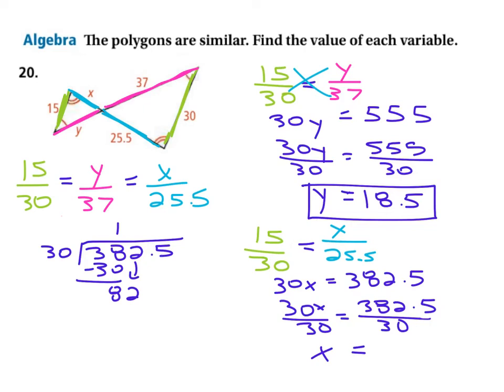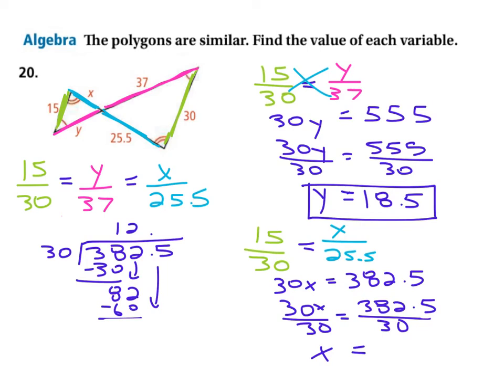Bring down the 2. 30 goes into 82 twice. That's 60. It's 22. Decimal goes straight up, and this 5 comes down. 30 goes into 225. What's the biggest multiple of 3 that's close to 22 and a half? 3 times 7 is 21.